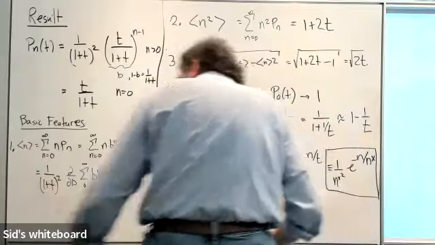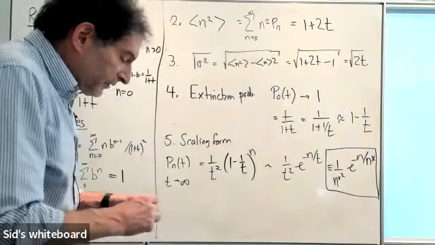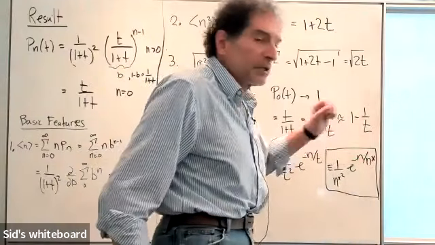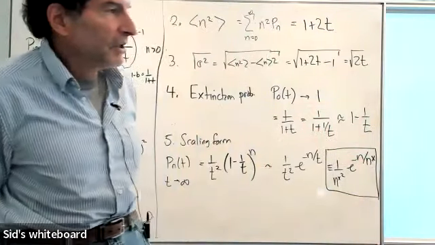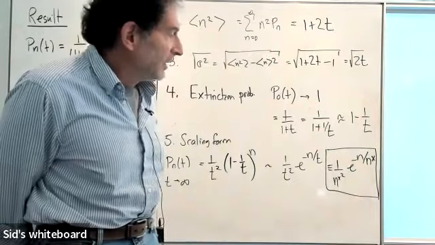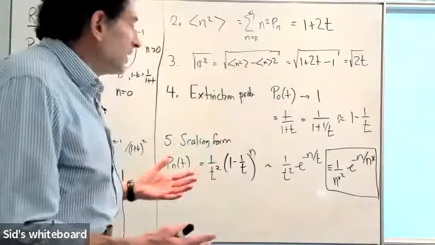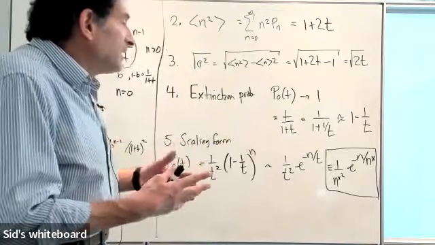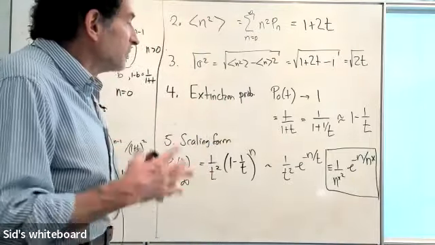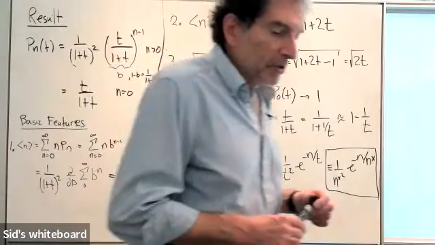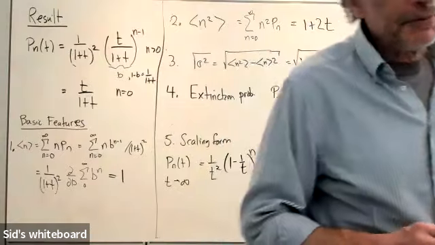It allows you to look at the distribution at different times, and when you plot it versus scaled units, not as a function of n but of n divided by n star, one has the same form in the long time limit. This scaling form is a revealing way to collapse and synthesize data and see that there are universal properties of the distribution of the number of particles in the birth-death process.